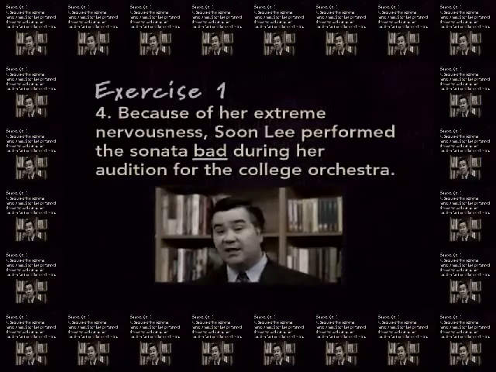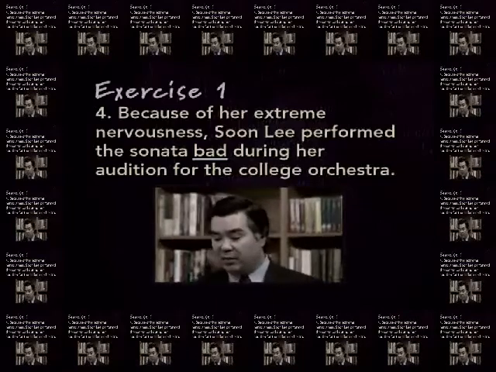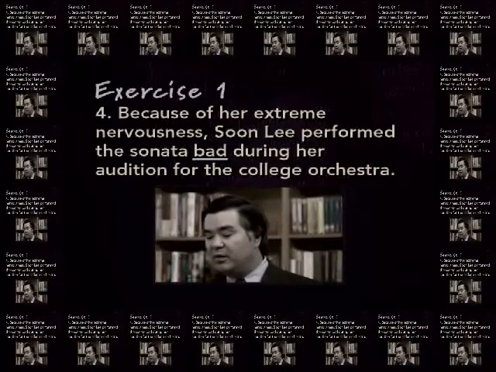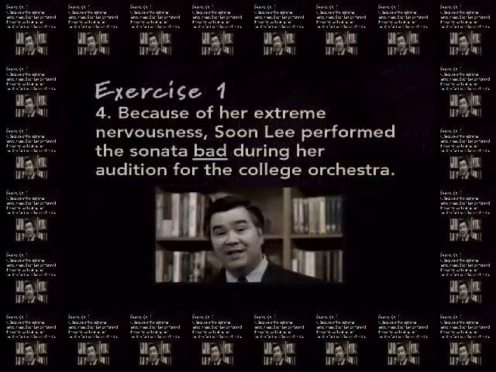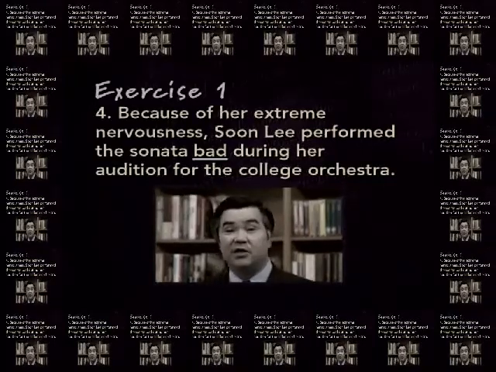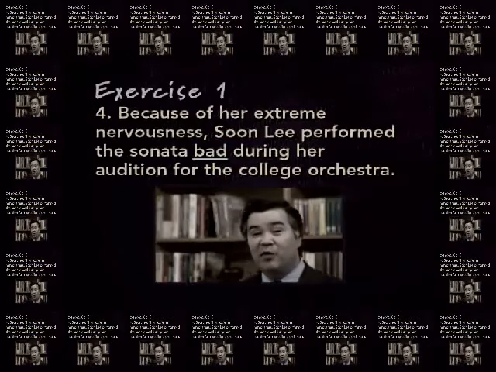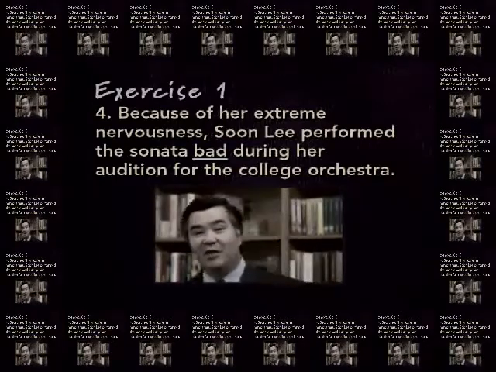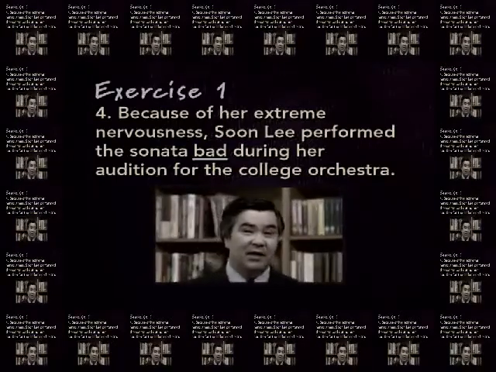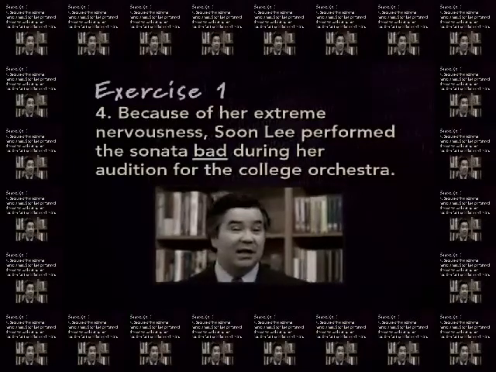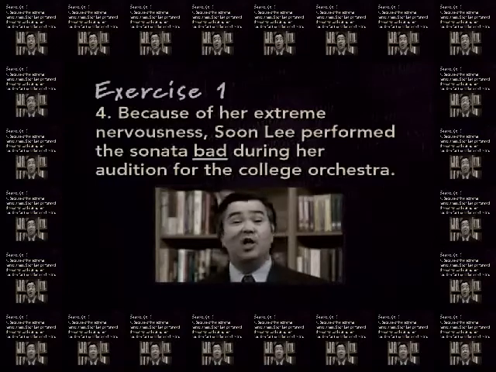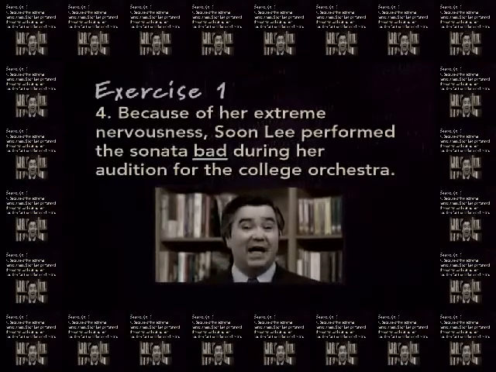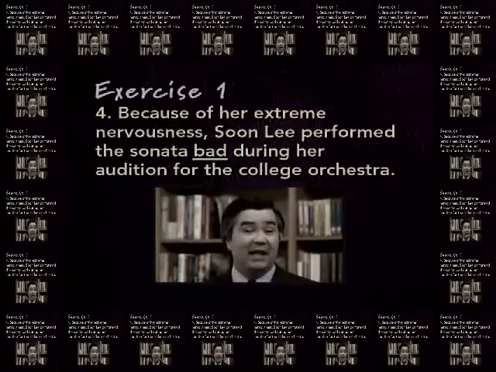Let's look at the context, and in particular, let's focus on the verb. It says, Soon Lee performed the sonata bad. What's the verb there? The verb is performed. The subject is Soon Lee. Now, is performed an action verb or a linking verb? Is it describing something that Soon Lee did or something that she was? It's describing something that Soon Lee did. Performing the sonata is an action. So performed is an action verb.